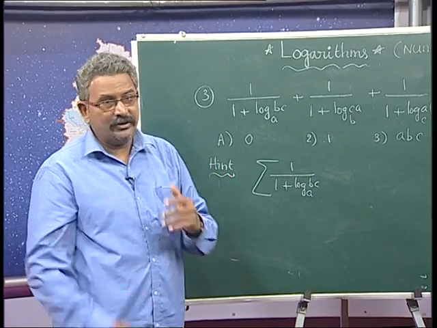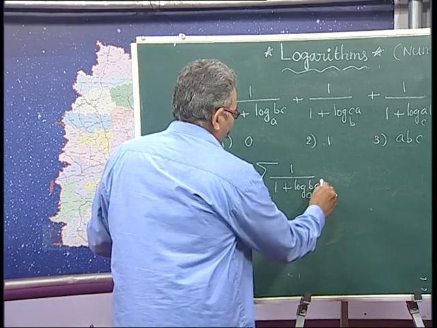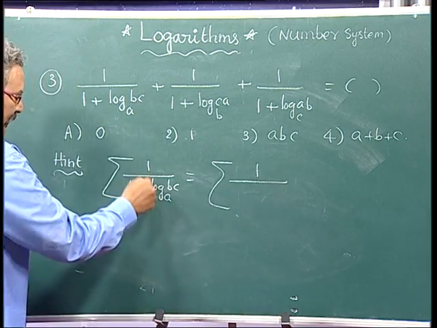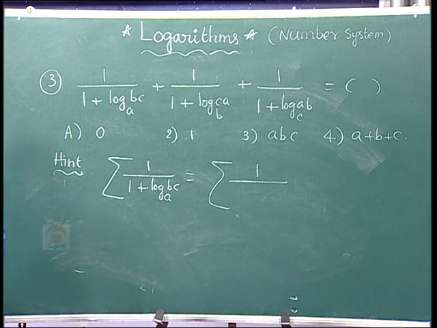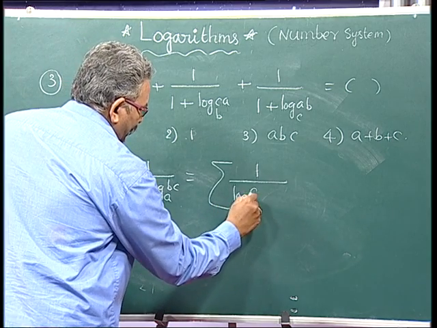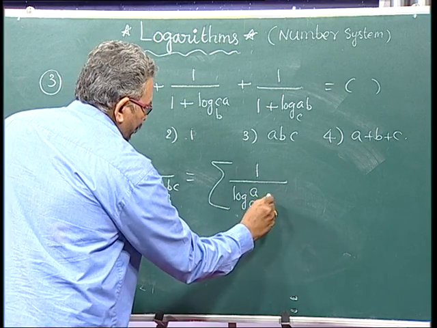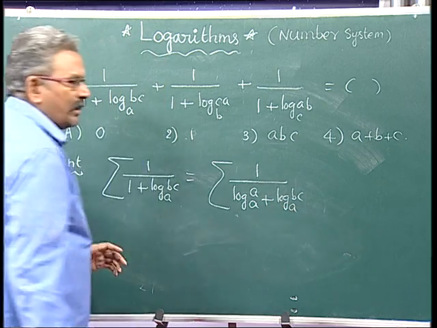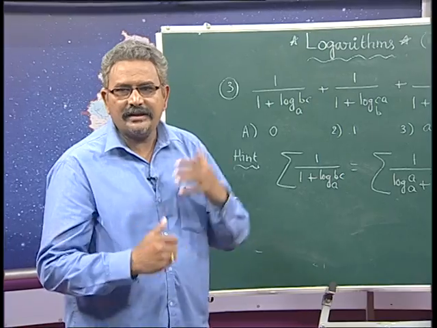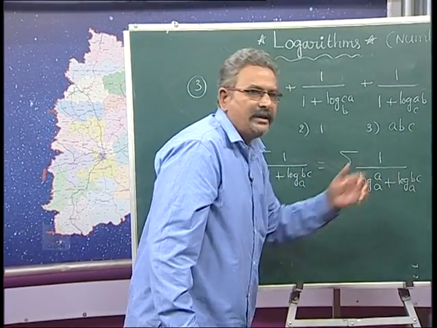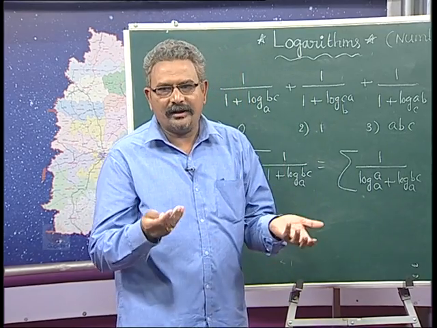Do not worry. So, now here this is sigma 1 by, the 1 can be replaced by log A base A, which is equal to 1. So, this is log A to the base A plus log BC to the base A. We have already discussed here, log A plus log BC can be put in a single logarithm.